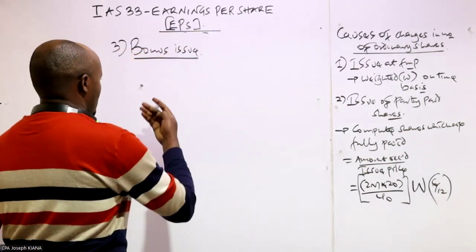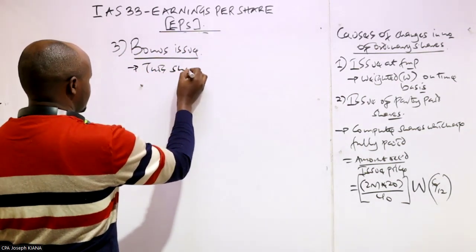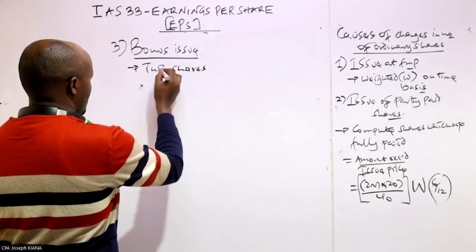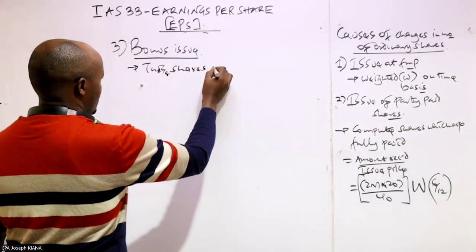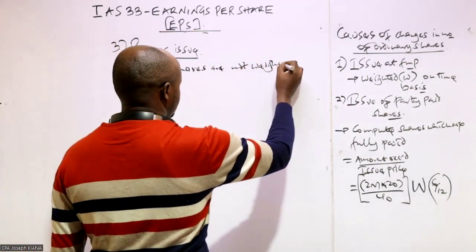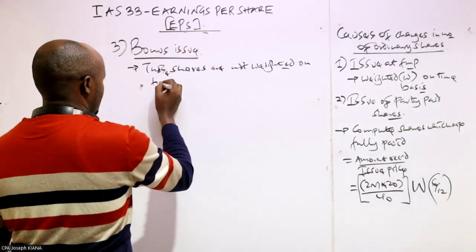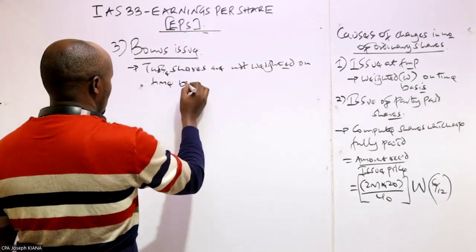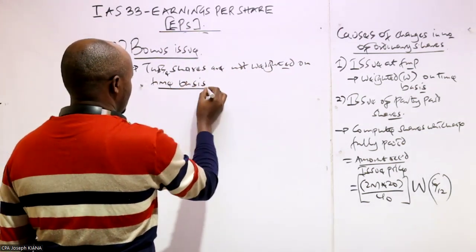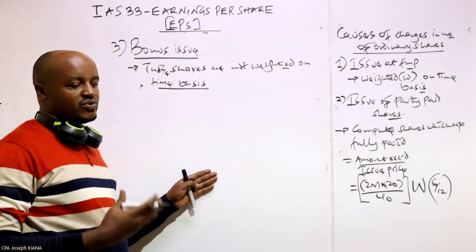So therefore, number 1, we can say that these shares are not weighted on time basis, meaning that they are not multiplied with the proportion of time they were held during that year.